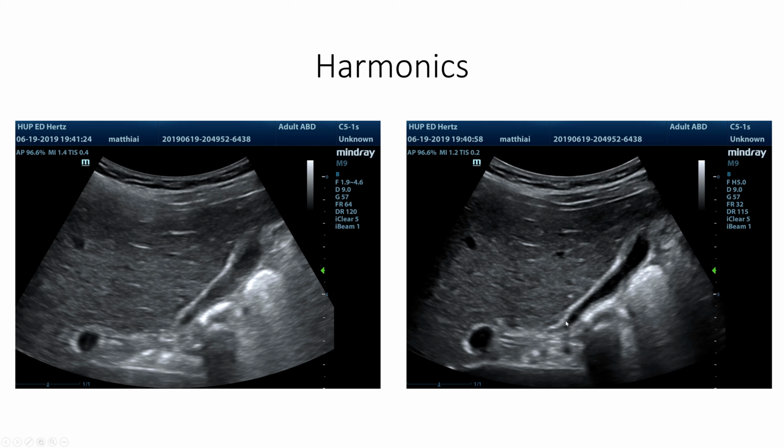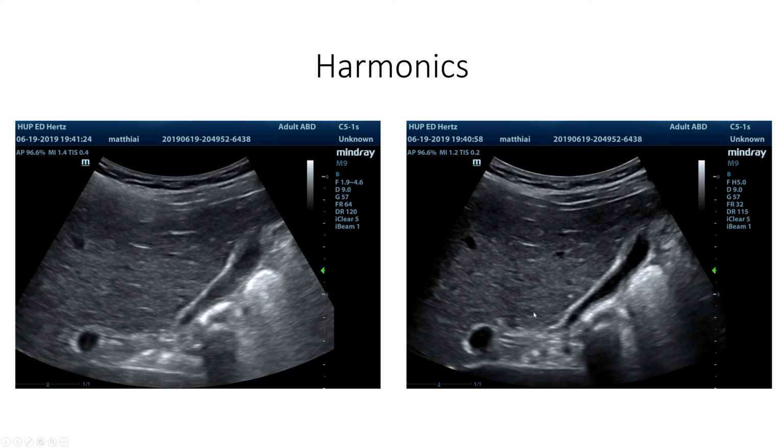So what that does, by only listening to double the central frequency that's been sent out, is make the image much more crisp, much higher resolution, and much less artifact-free, or much less artifact in things like fluid.